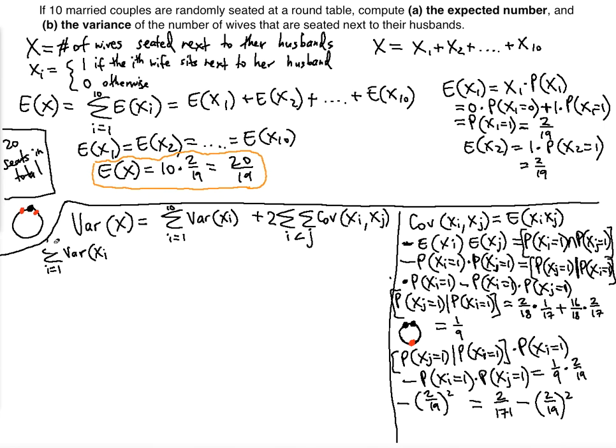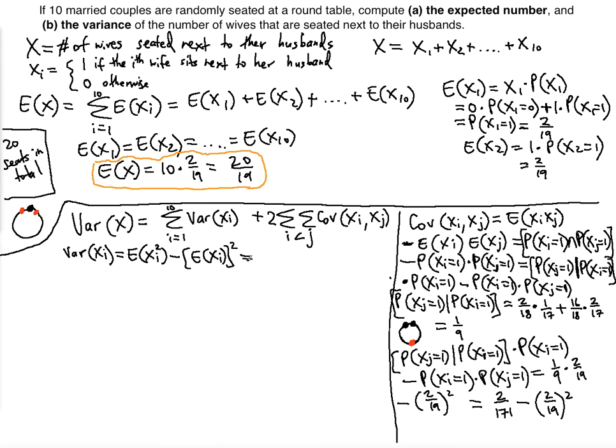Let's actually just do the variance of xi itself. As you know, this is equal to the expected value of the square of the random variable xi minus the square of the expected value itself, right?